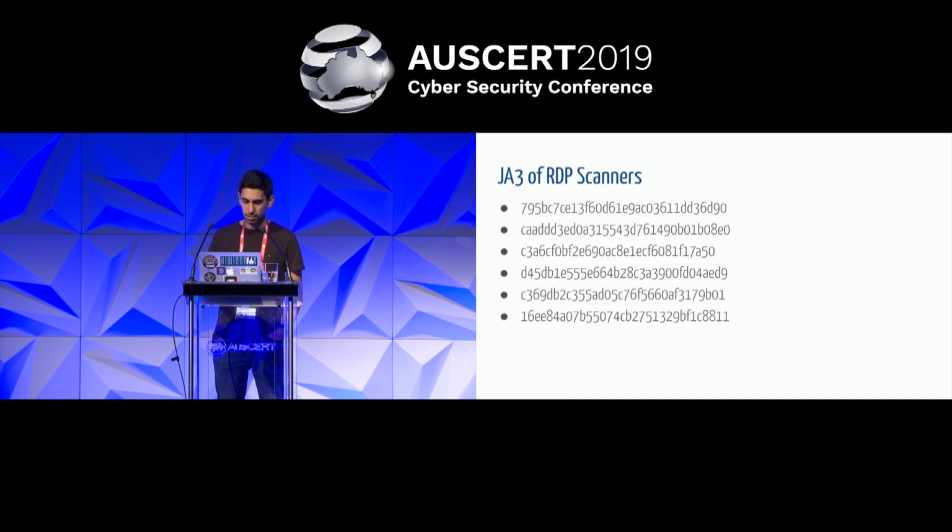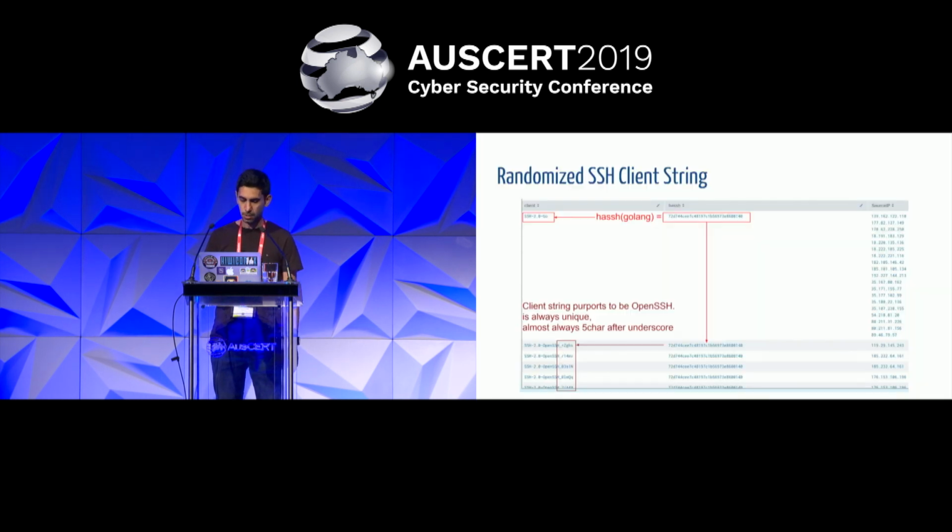I wish I had more time to go through these. There were lots of diagrams and stuff to show you, but I will finish with another observation from SSH. The same thing happens here in SSH as well. You can see there are different client strings which are randomized, but all have the same hash value, which is the hash value of the Golang SSH library, which is used by malware written in Go.